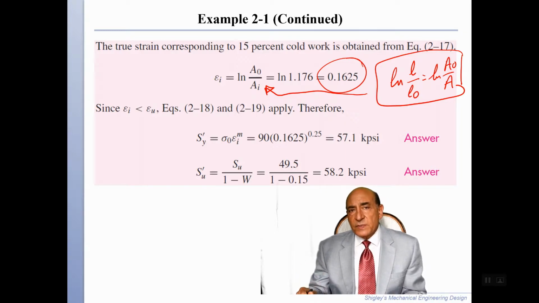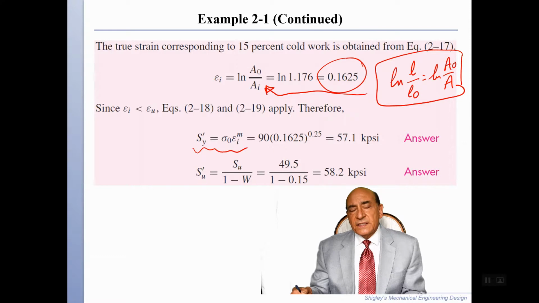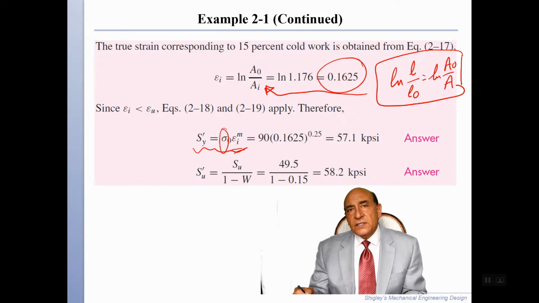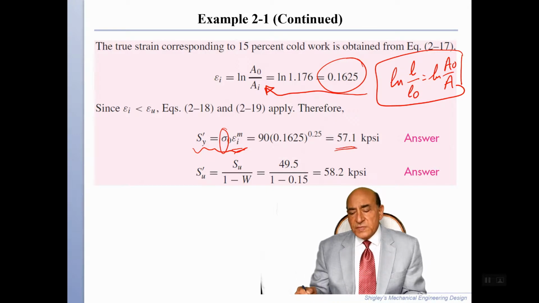And it's large deformation, so we could use the Ramberg-Osgood formula directly, ignoring any differences between true and engineering stress, and therefore we use it here, that the new yield strength of the material is sigma 0 times epsilon i to the power m, and plugging in numbers, we obtain a new value of the yield strength of the material as 57.1 KSI.